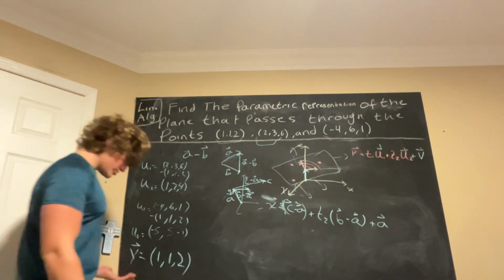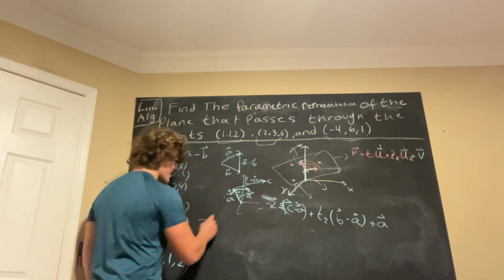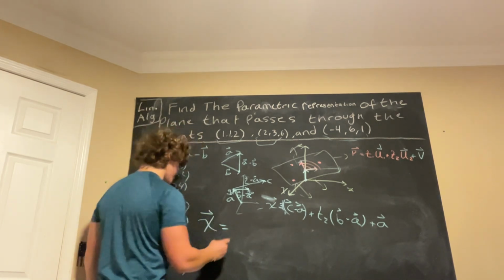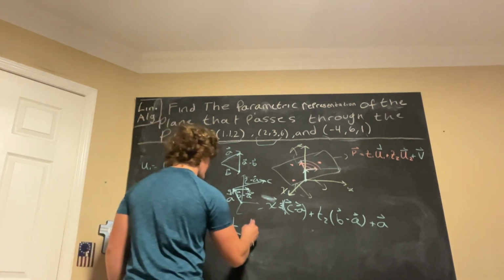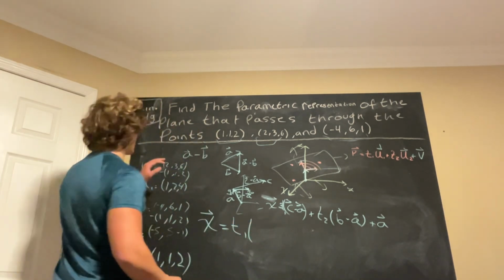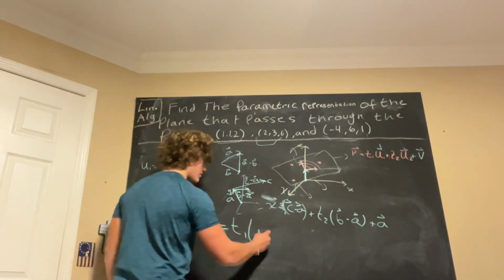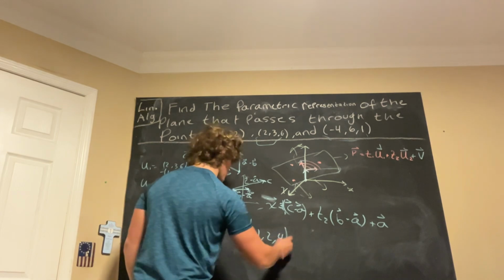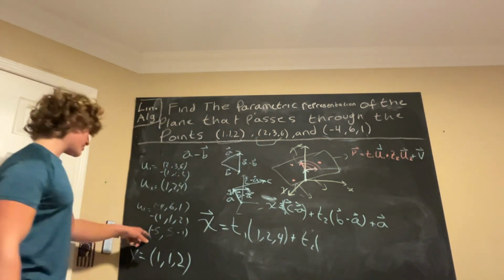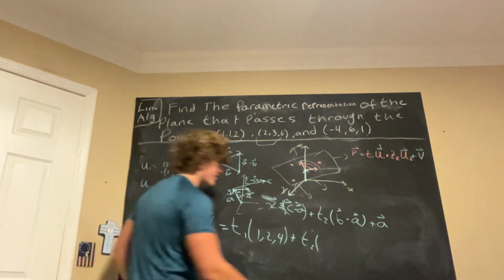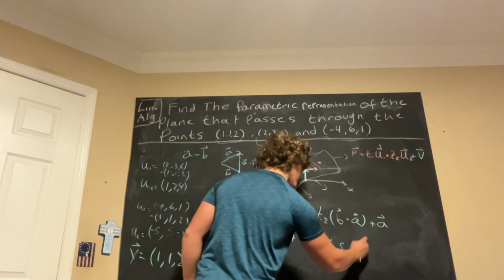Now we can just use this equation to set up our plane. So let's call our plane X, and we say X is equal to T1, a parameter, times our first direction vector, which is 1, 2, 4, plus T2 times our second direction vector, which is -5, 5, -1.